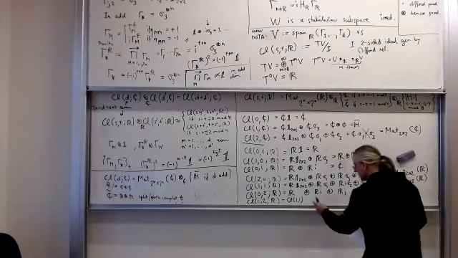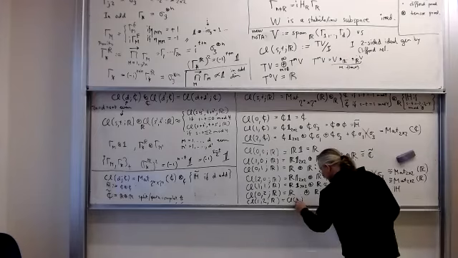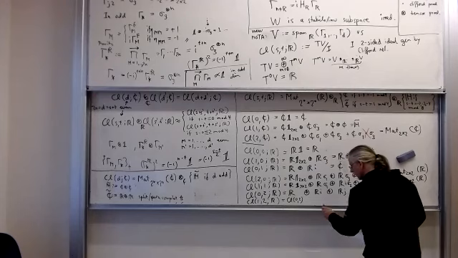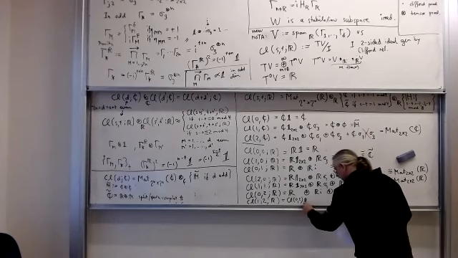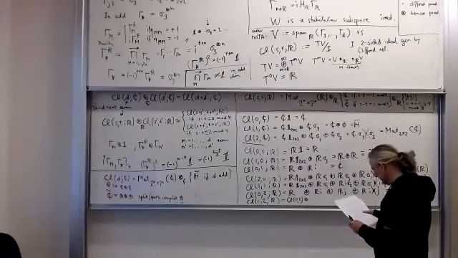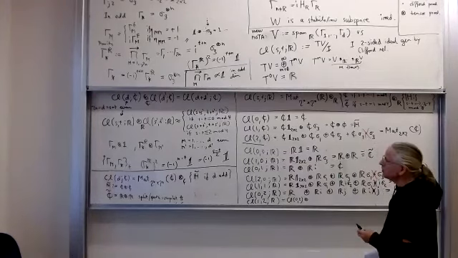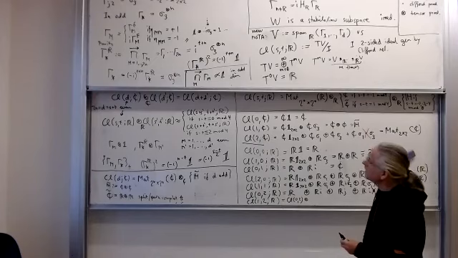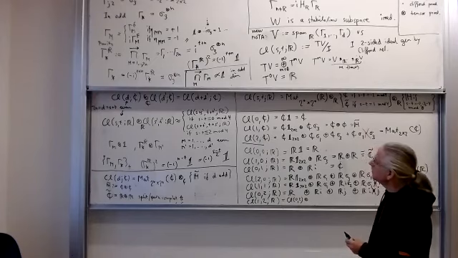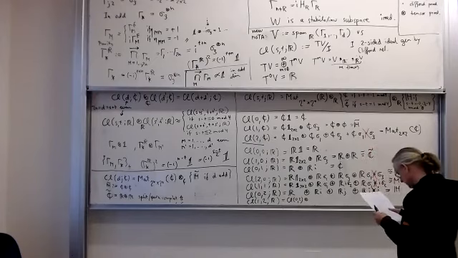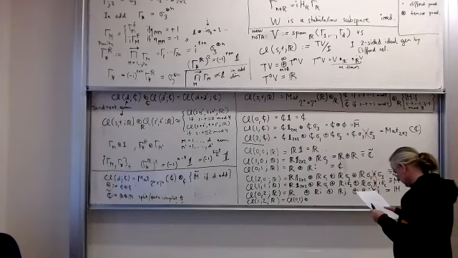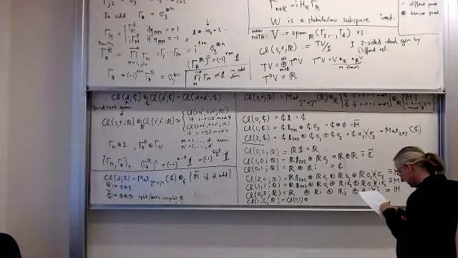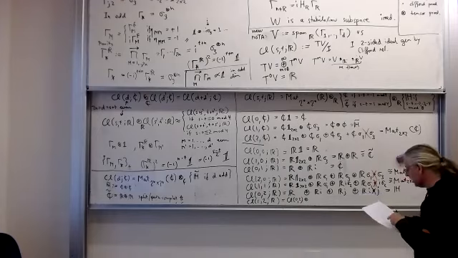So then this would be CL2,0, and the funny thing now is, I think that CL2,0 is 0,1.